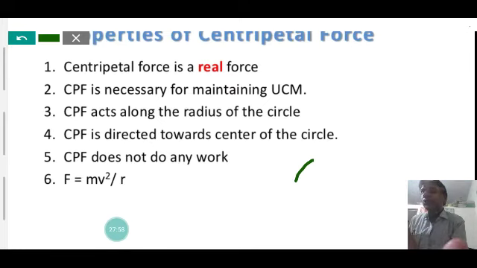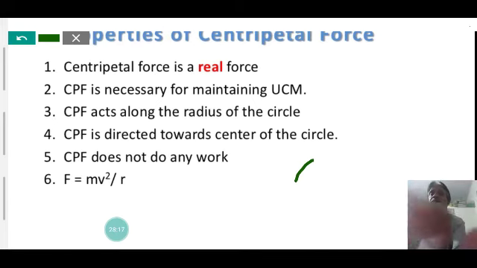If the centripetal force is not applied on the moving object, then the object does not move on the circular path. It leaves in the tangential direction, and circular motion is not possible.